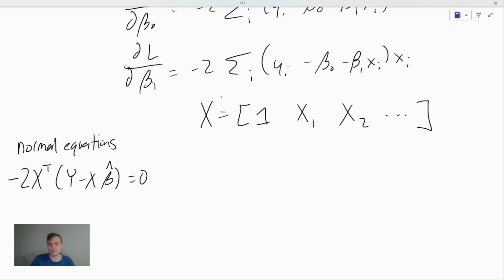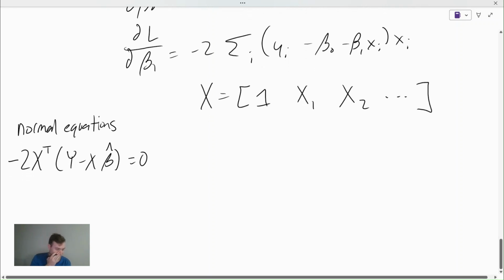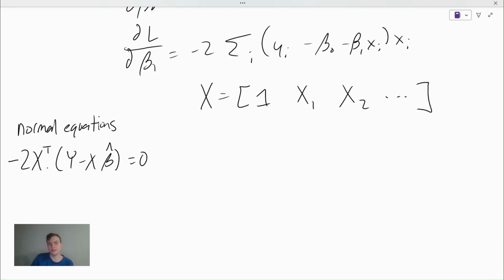Last time it was just 2 equations, now it's 1 plus p equations. And we'll simplify this first, and then get to the normal equations, right? So multiply -1/2 to both sides, multiply out the X transpose. So X^T y minus X^T X beta hat equals 0, and then X^T X beta hat equals X^T y.